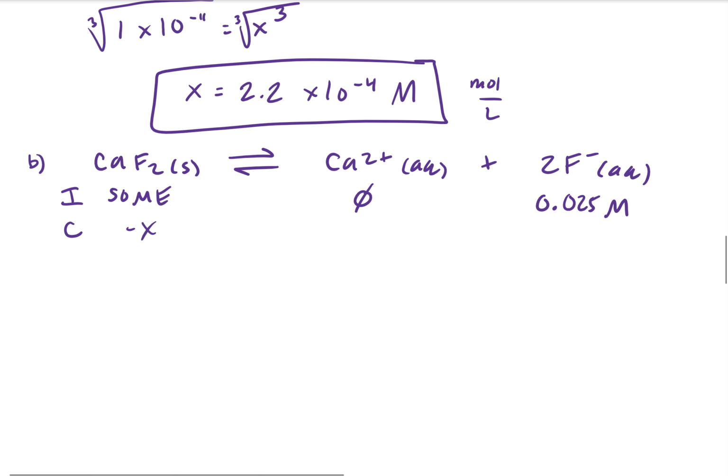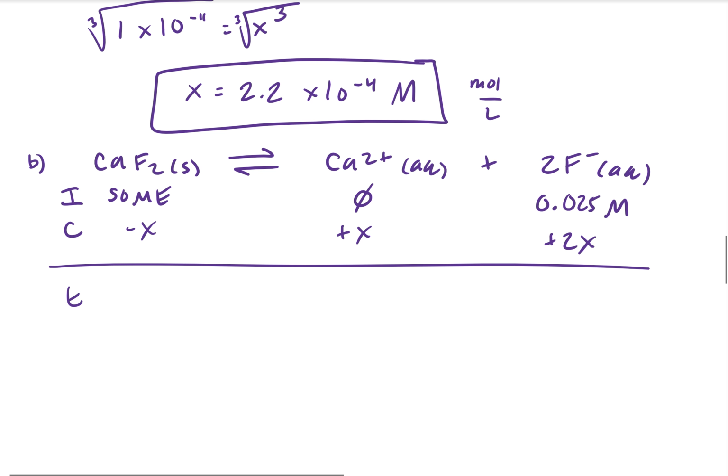Let's see, minus X plus 2X. I don't even have to do that solid column. It's irrelevant. Calcium 2+ is X. Now when I get to fluoride, it's 0.025 molar plus 2X.